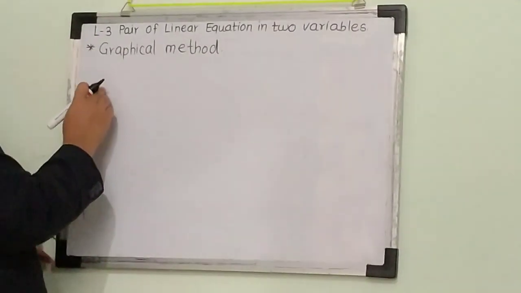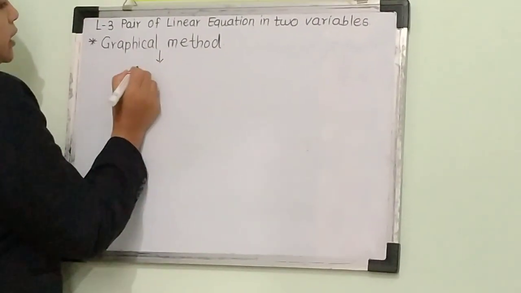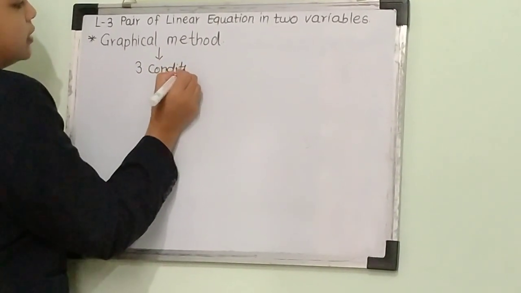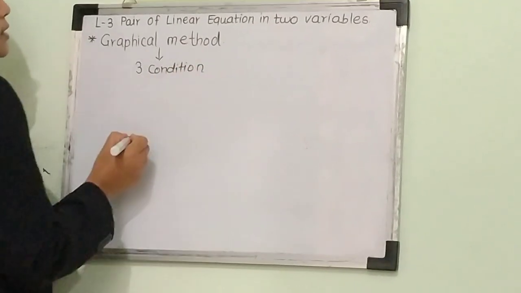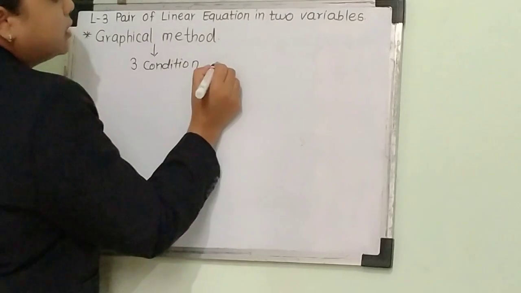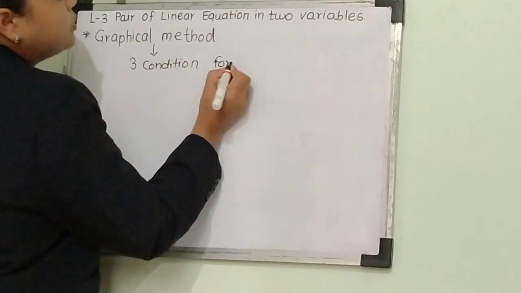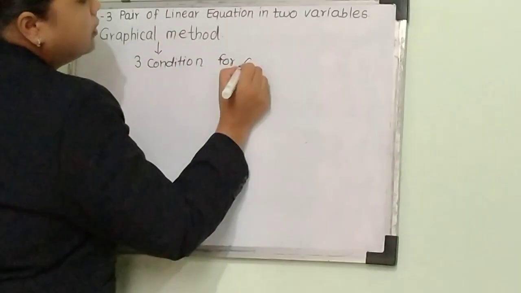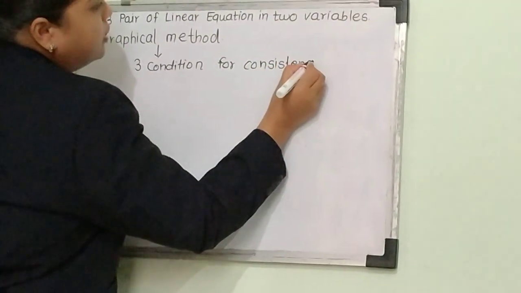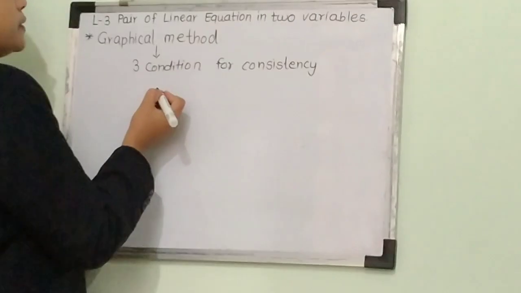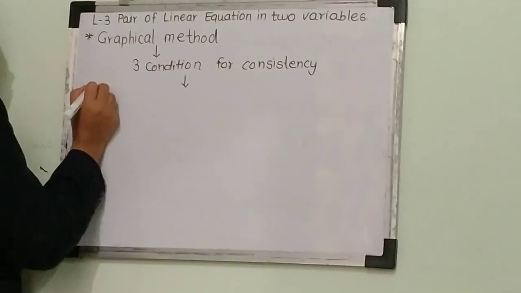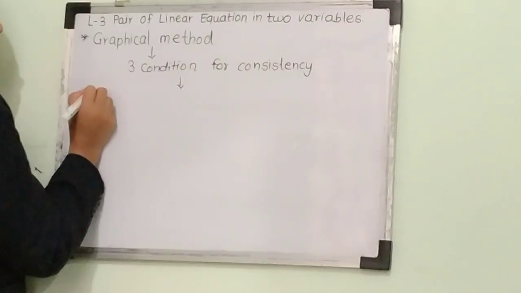Now in the graphical method we are going to see three conditions for consistency. Consistency means the given pair of linear equations has a solution. Here we are going to see the general form of two linear equations.